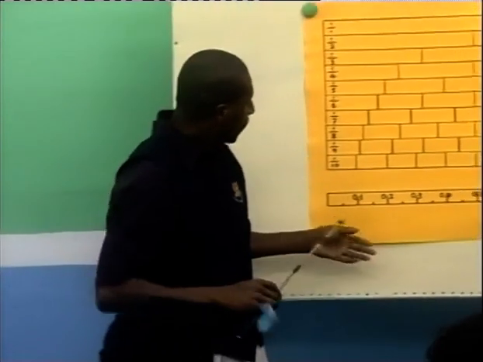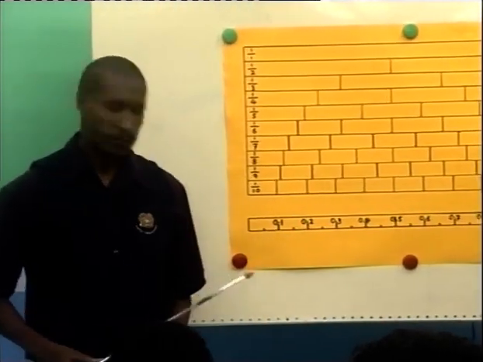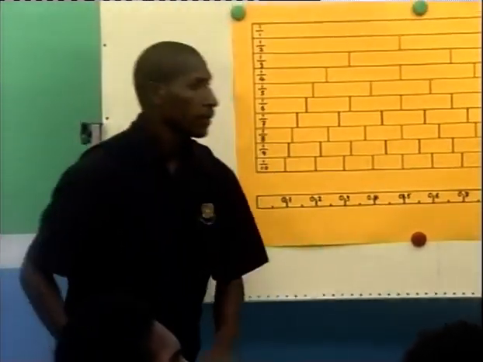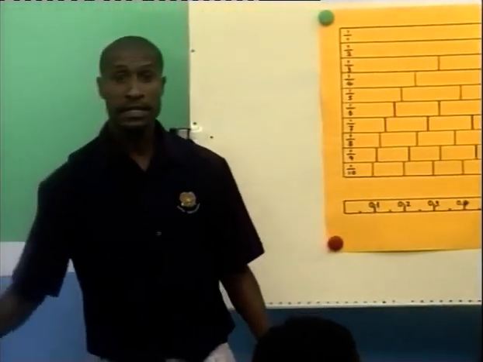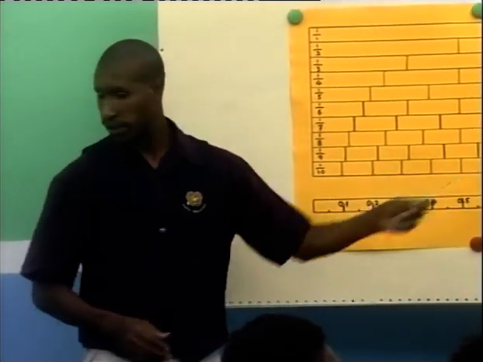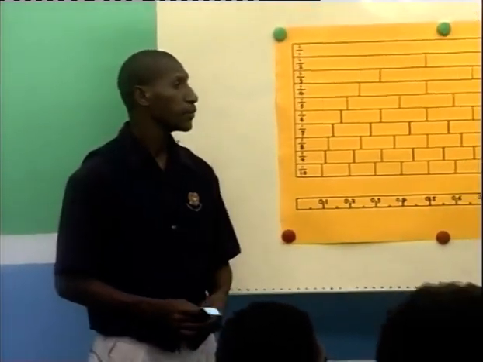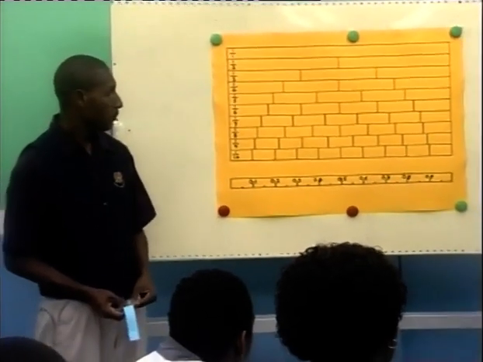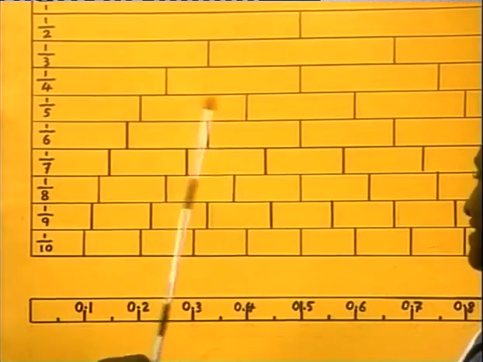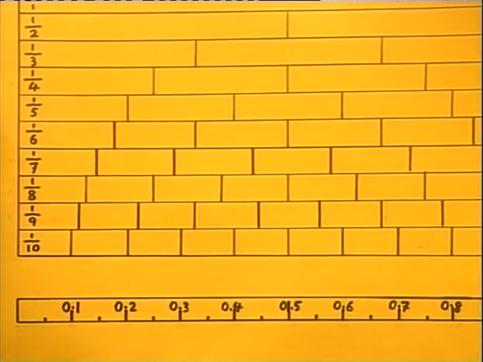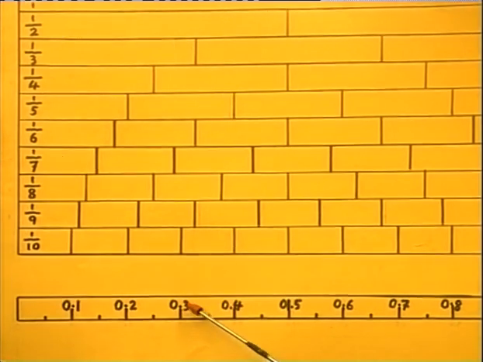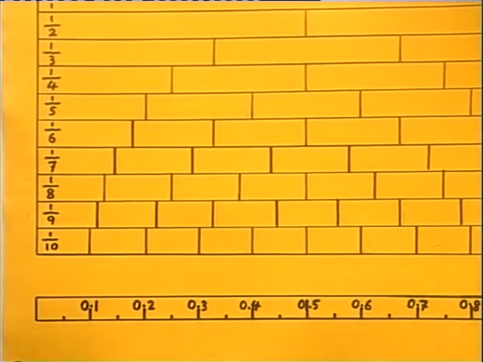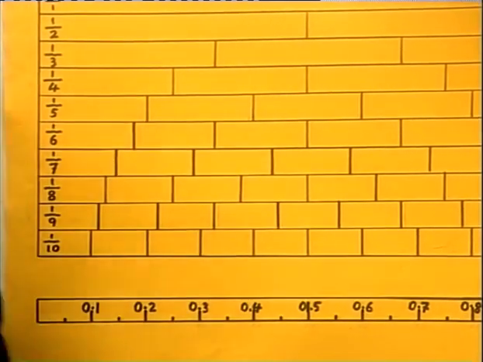Who can come up to the front and show me 0.3 on the scale? Okay, let's have our friend here. Our friend has volunteered to show us where 0.3 is. Is she correct? Yes. Very good.